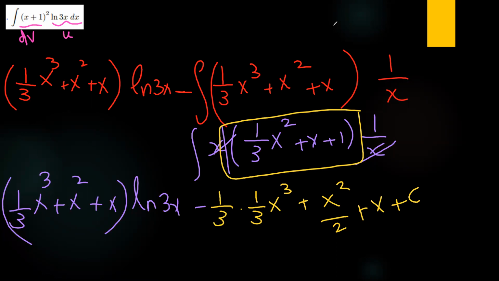This is now here the integration of (x plus 1) squared times ln 3x dx. I want to say which is u and which is dv. After that, I find its derivative for u, the integration for dv, and then I will use my formula of the integration by parts, and substitute u times v minus the integration of v times du.